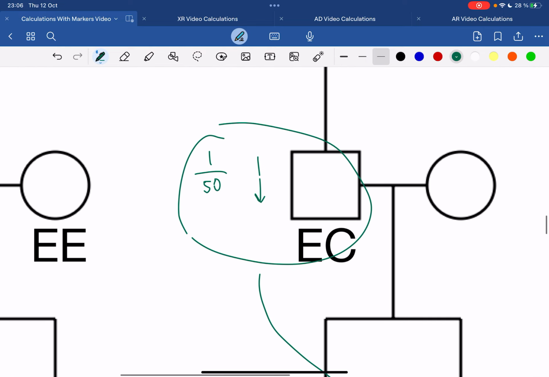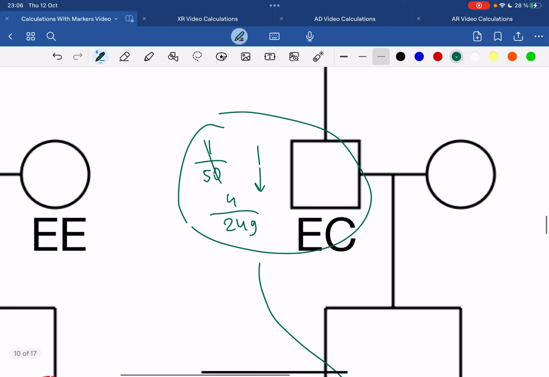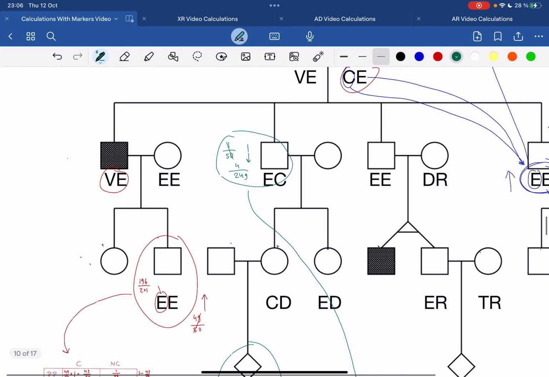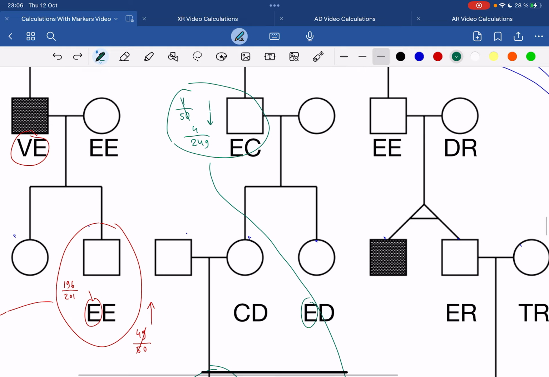So this parent's probability to be a carrier is actually 4/249.